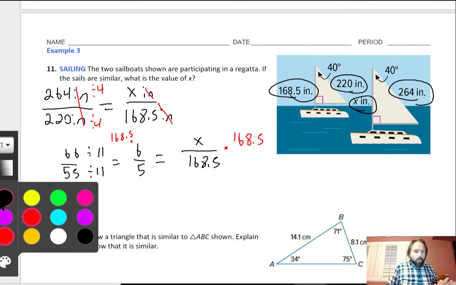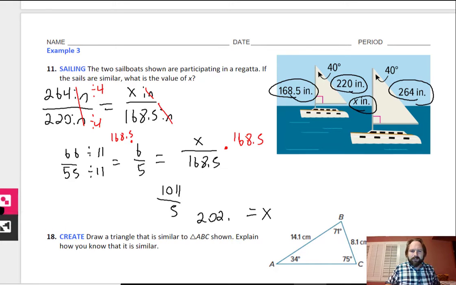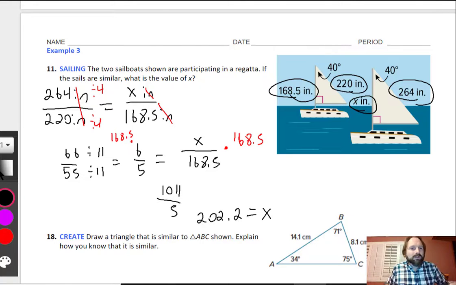I get 1,011 divided by 5. And when I divide by 5, I get 202.5 is equal to x. Not 5, 2. I misread my calculator. 202.2.